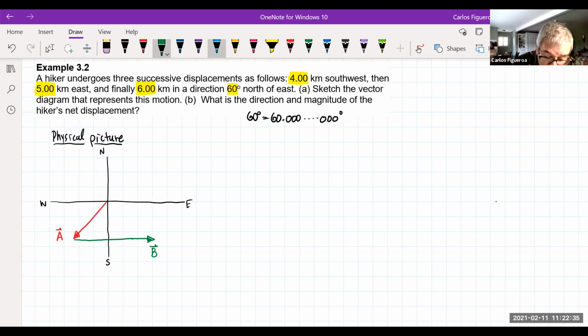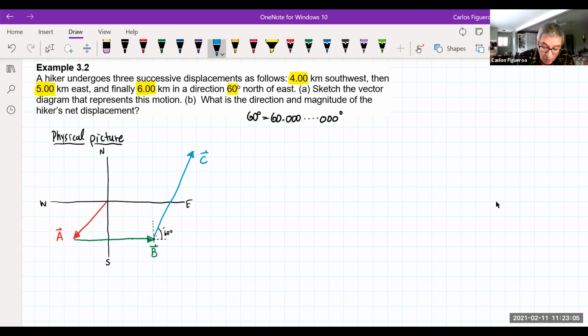So I'm going to set up a little tiny coordinate system. If this is 45 degrees right there, then I'm going to have a longer vector. And I'm going to say that this angle right here, from here to here, is 60 degrees. And this is my vector C.